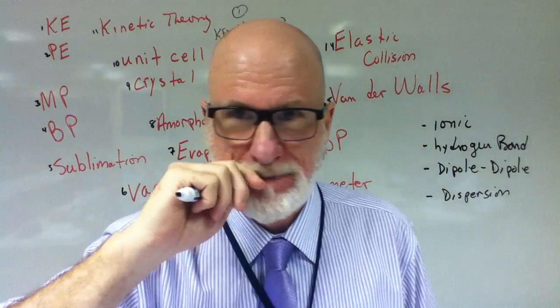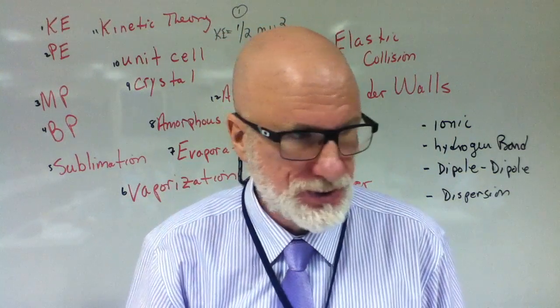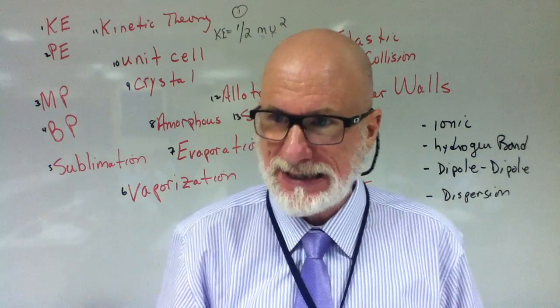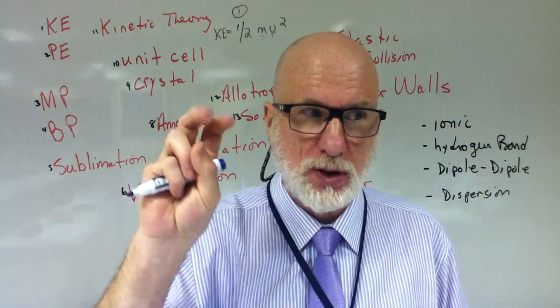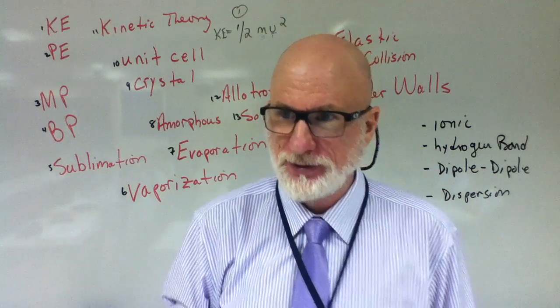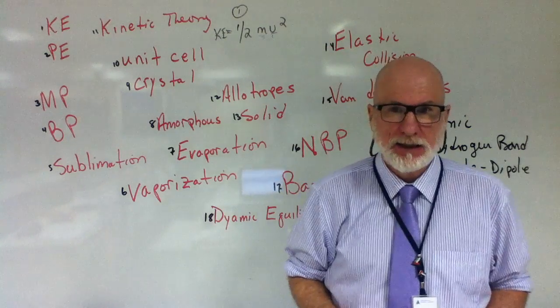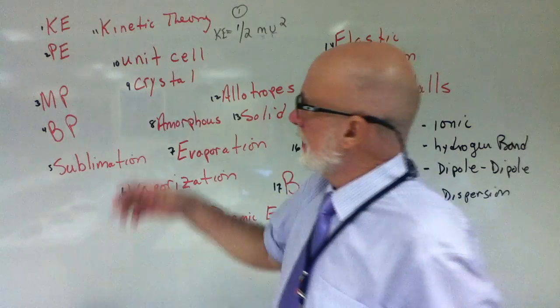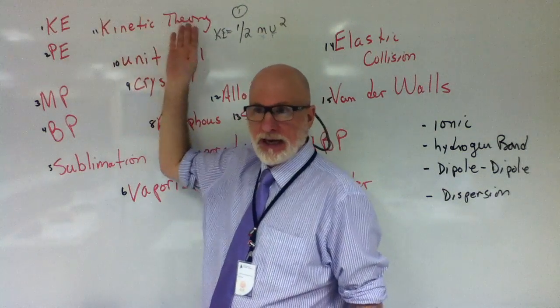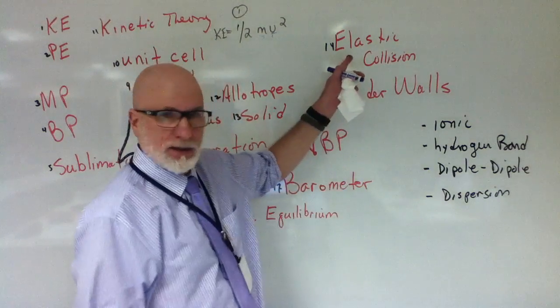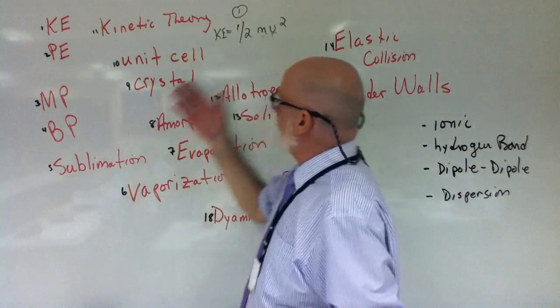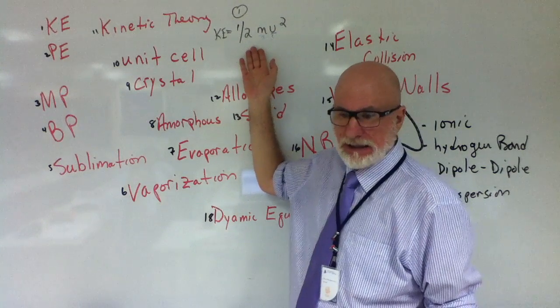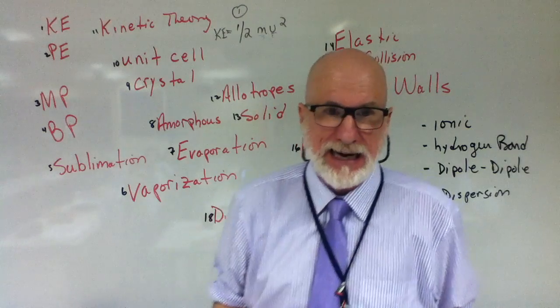A super ball's bounce is much more elastic than a normal ball's bounce. So now I've connected kinetic energy with kinetic theory, with elastic collisions, with mass and speed. Anything else we want to say about kinetic energy?